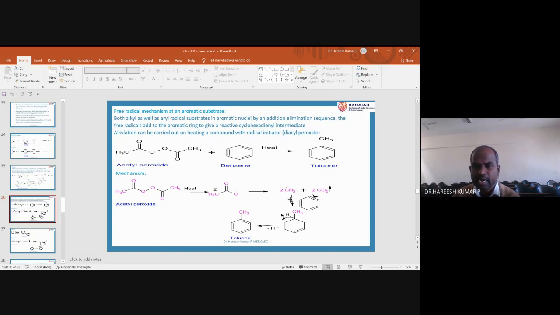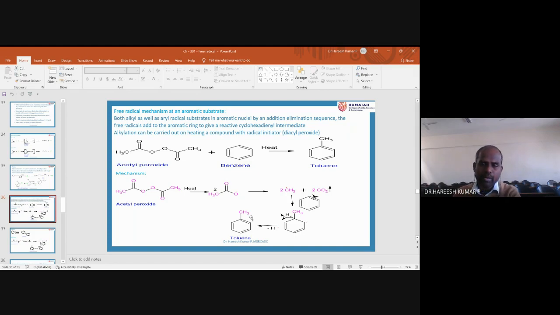This methyl radical, it's an intermediate, will attack the benzene. So it will form an intermediate radical, and this radical is stabilized by resonance, and at the end there will be a loss of hydrogen, by homolytic cleavage between the carbon and hydrogen, giving rise to toluene as the product.